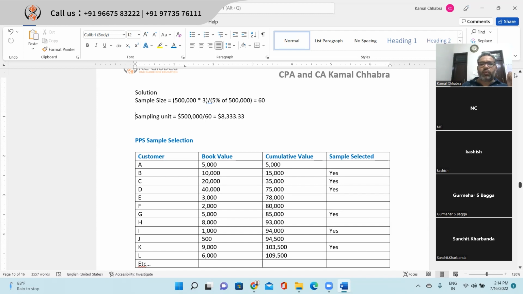No, no, no. You're confusing cumulative value and book value. So 1,03,500 will come only after all this accumulation. Okay, yes, fine. Right? Any doubt so far?